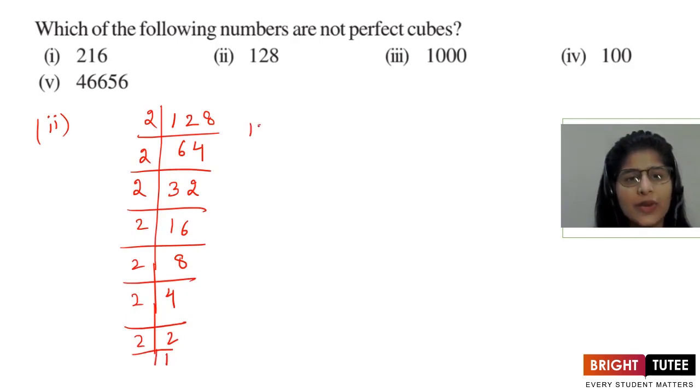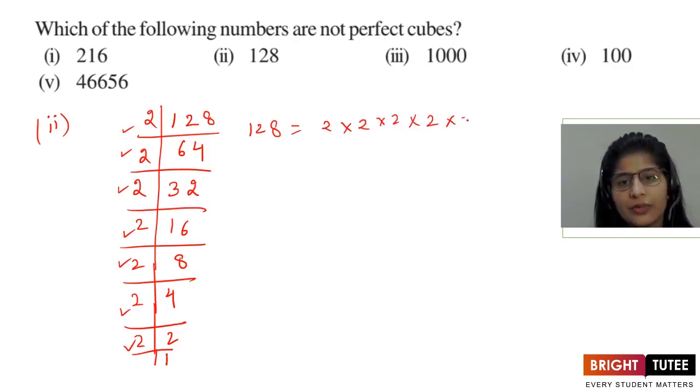Clear? So 128 is written as how many times 2? 1 2 3 4 5 6 7.